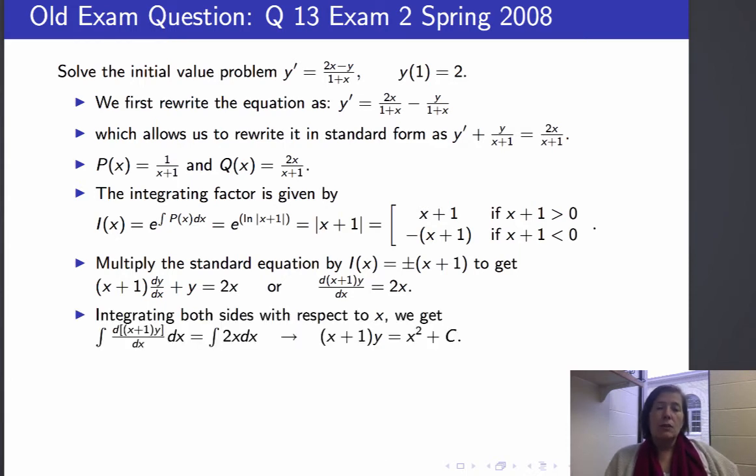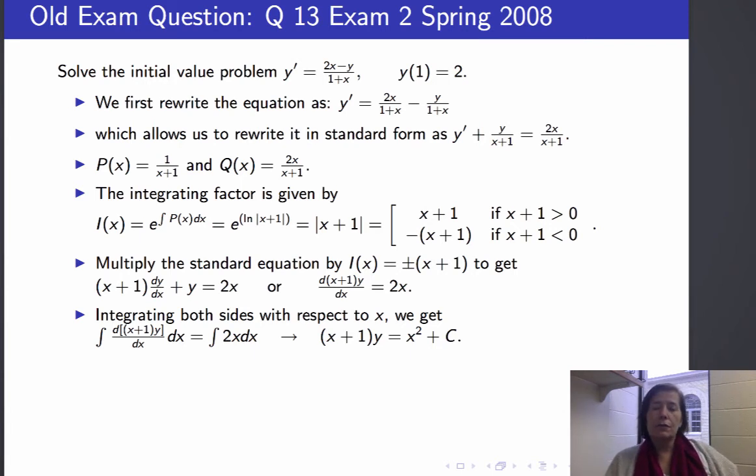Next step is to integrate both sides with respect to x, so we get the integral of the derivative of (x plus 1) times y on the left equals the integral of 2x on the right.